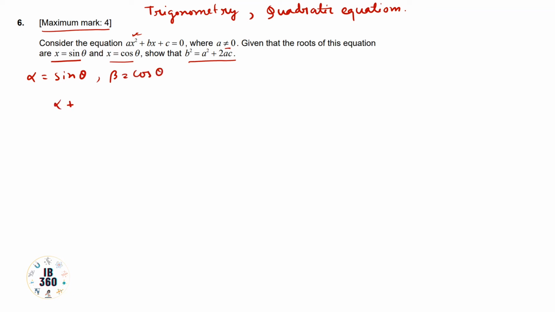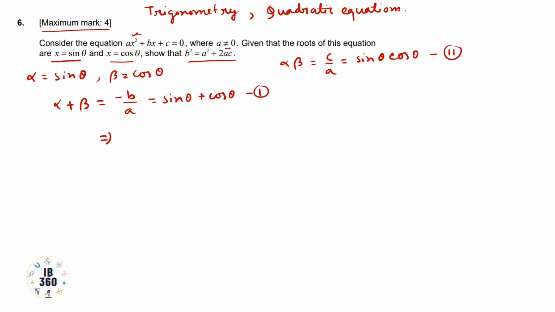We know alpha plus beta, the sum of the roots, equals minus b by a, which is sine theta plus cos theta. And alpha beta equals c by a, which is sine theta into cos theta. This is equation 2 and this is equation 1.